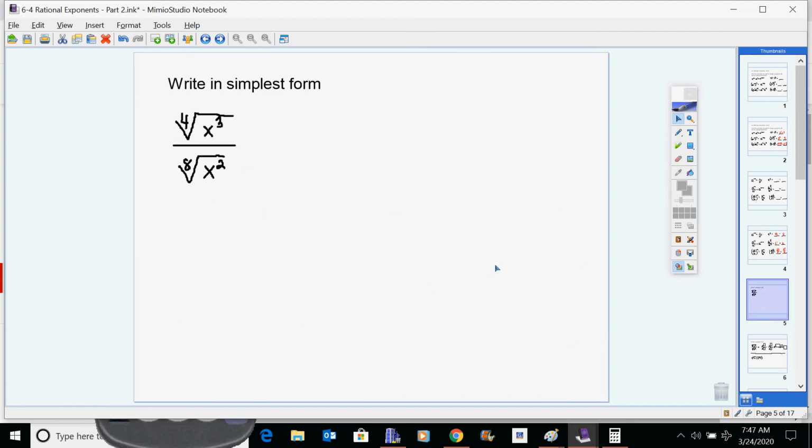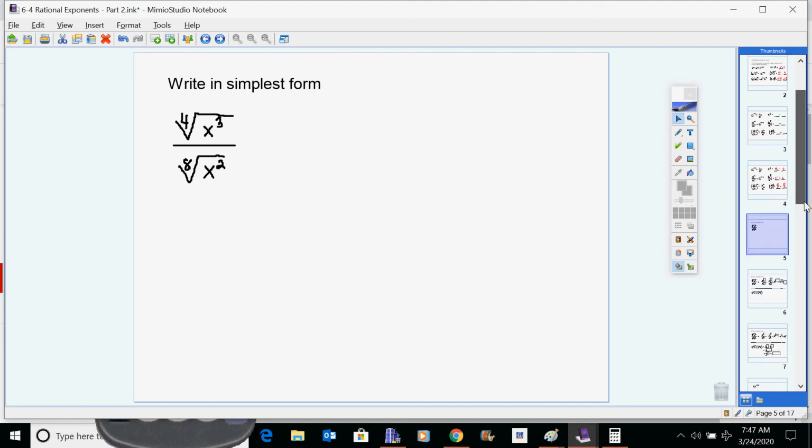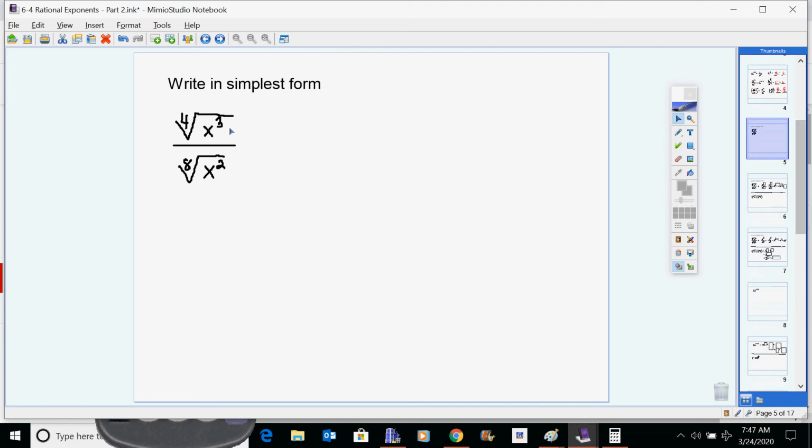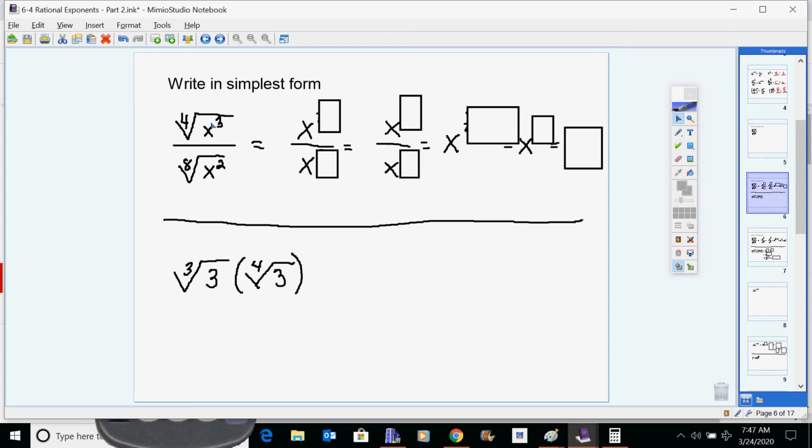We can use these fractional rational exponents in order to simplify when you have radicals that don't appear like you can do anything with them. They're different indexes, they're different exponents, but when we start to write them with their rational exponents, 3 over 4 and 2 over 8, and then we simplify our fractions because you know how to do that. 3/4 is just 3/4, but 2/8, if you remember when you simplify that, turns into 1/4.